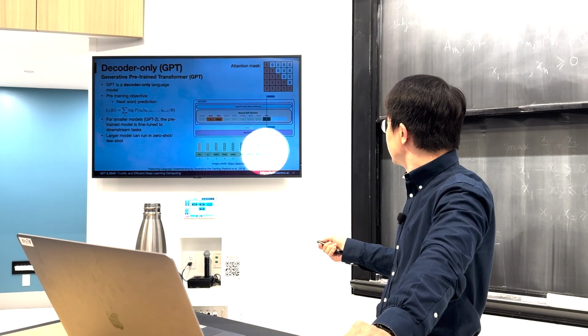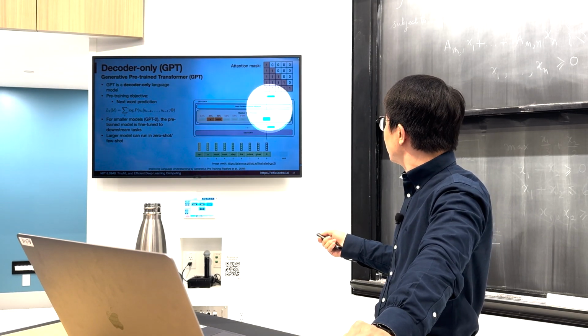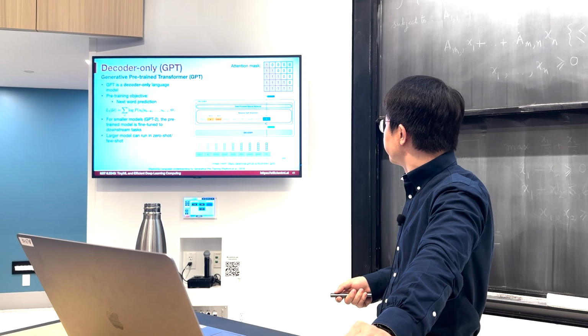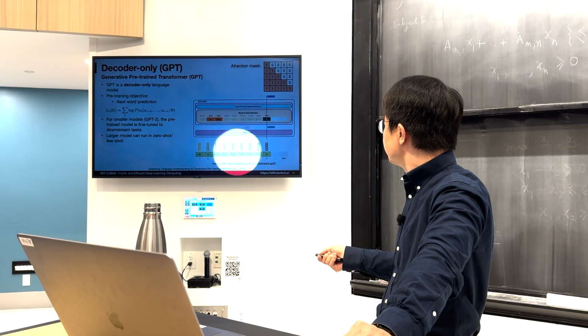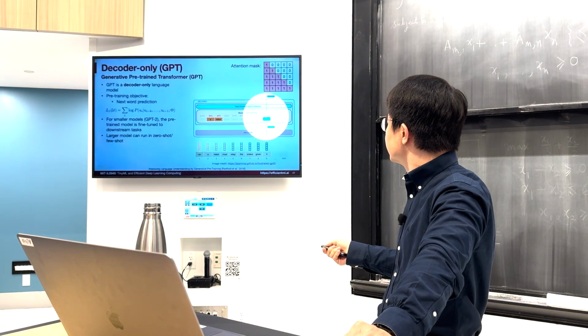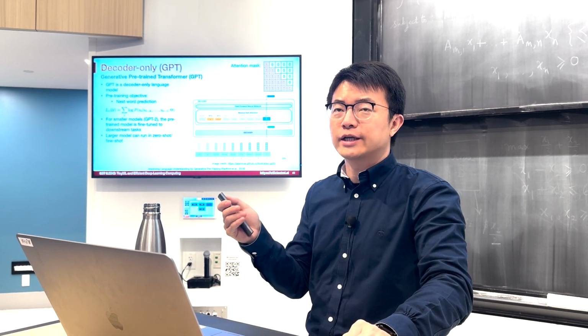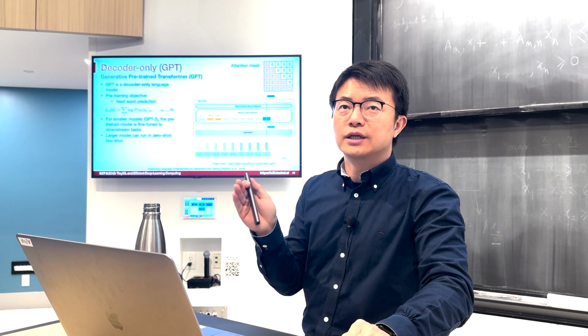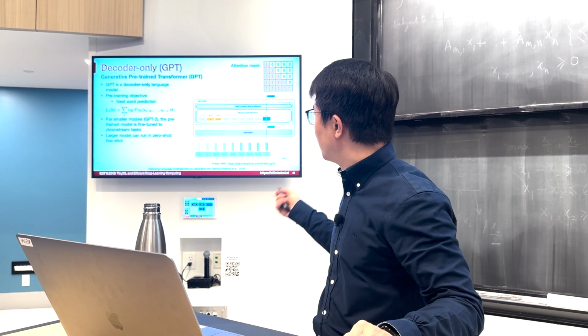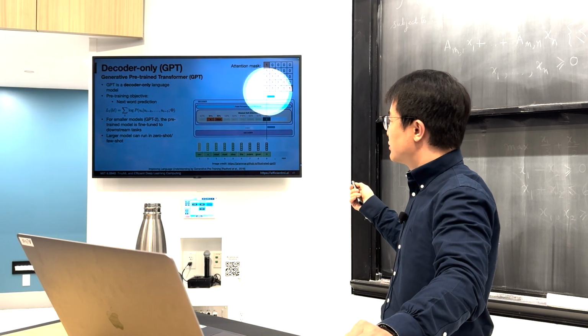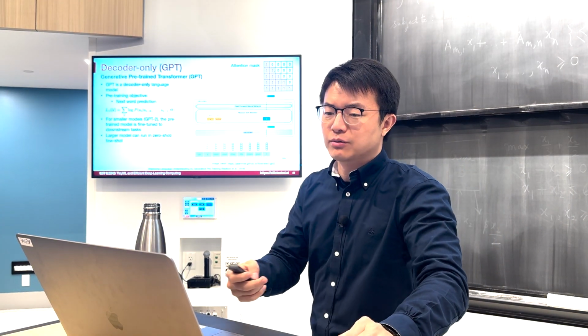Given a sentence, we're going to predict the next word. For example, "A robot must obey the order given it", and we try to predict the next word. That word can only attend to the tokens before it, therefore the attention mask is causal. It's only attending to something before it.